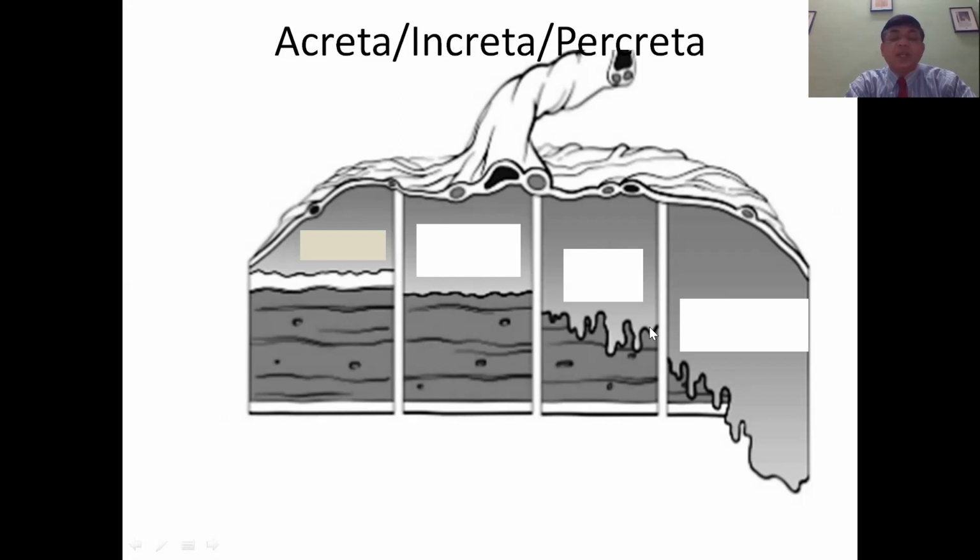Absence of Nitabuch's layer plus penetration of the fetal tissue into the myometrium is called placenta increta. Don't take down anything right now. And when this placenta penetrates the entire myometrium and even the serosa, we call it placenta percreta.